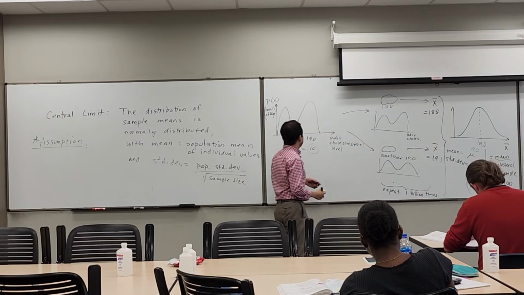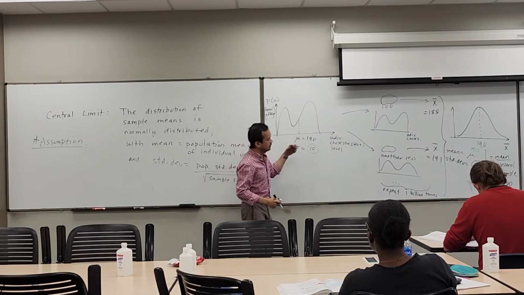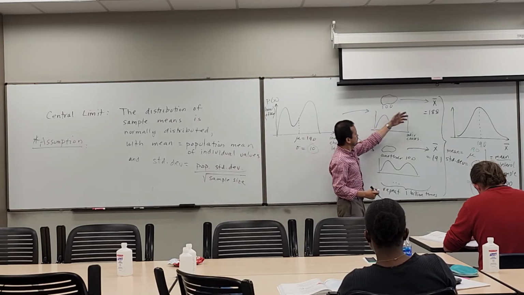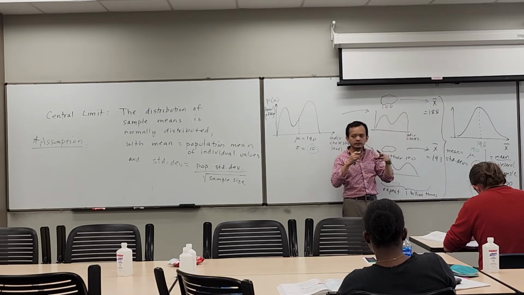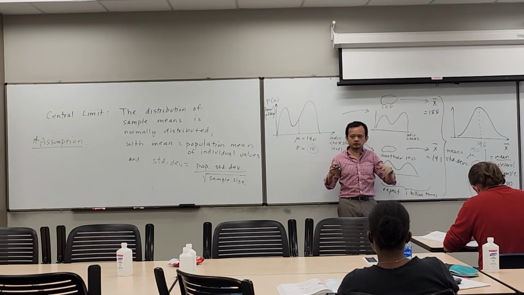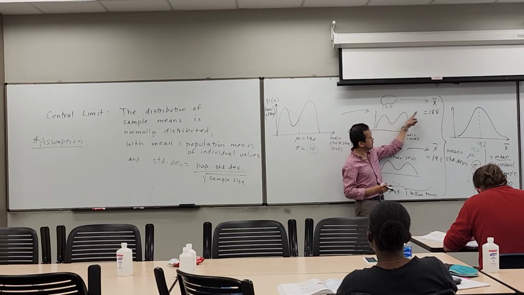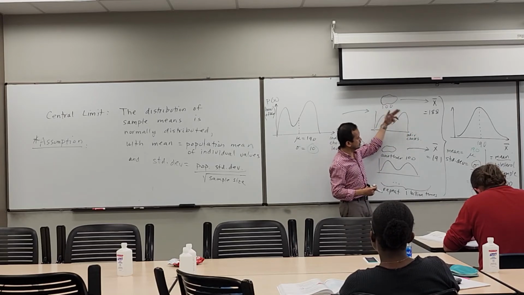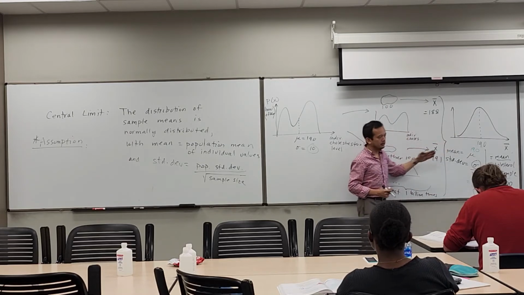So the gist of this is that you can have any funky distribution to begin with, and because for each sample you're taking the sample mean of each sample, and you're smoothing out all these numbers by way of the mean, then because of that, you end up with a distribution that is a bell curve.